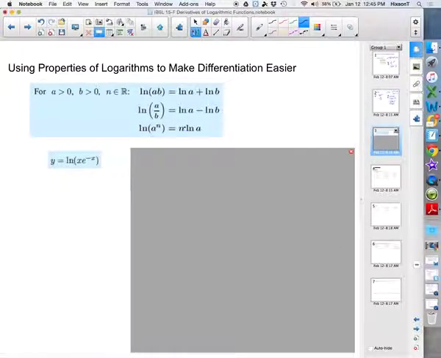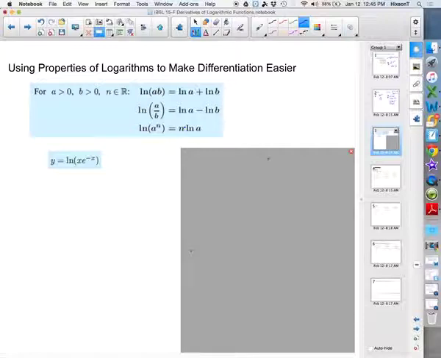So how could this be used? Well, let's look at what we would have if we didn't use the rule. This is what we'd have to do. We would have a chain rule problem. dy/dx, for the natural log, we would have 1 over whatever's in the log, so x e to the negative x.